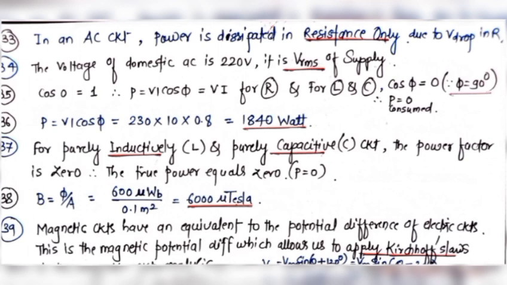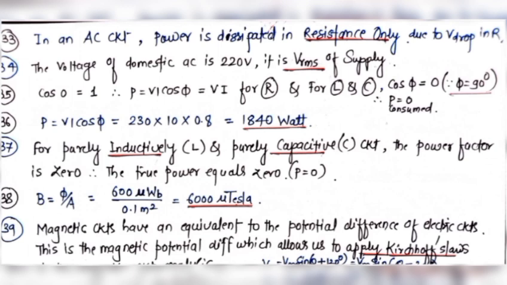For inductive and capacitive load, phi is 90, that is, the phase angle between voltage and current is 90. So cos phi will be 0, therefore power will be 0. So consumed power is always 0 in inductive and capacitive load.